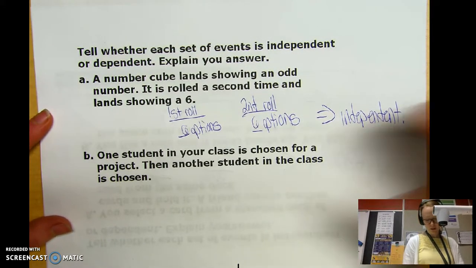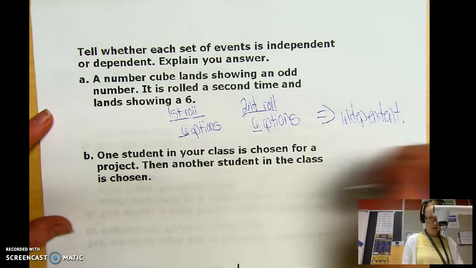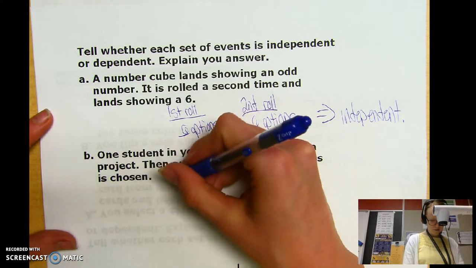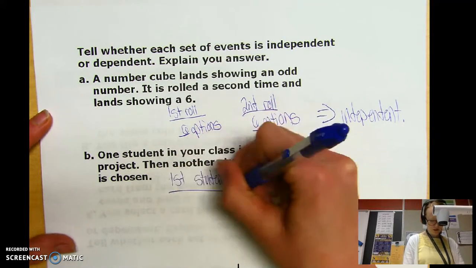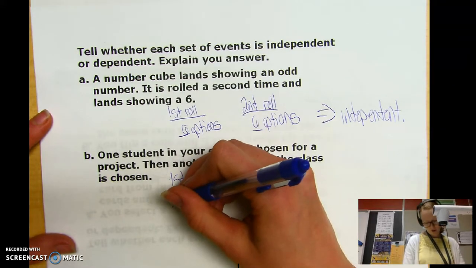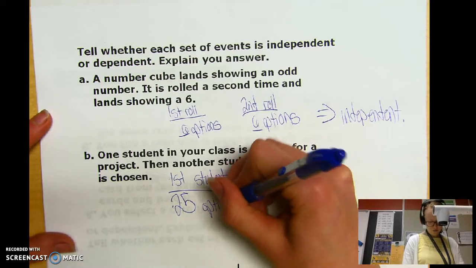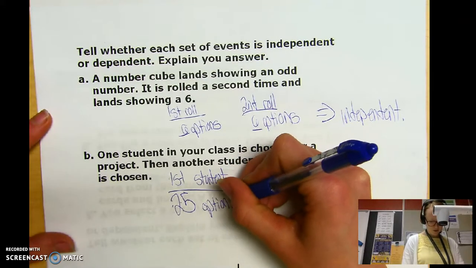This next one, if I choose one student from your class for a project, let's say that there's 25 students in a class. So first student, let's say there's about 25 options. But if I take that first student away, I'm not going to choose that same student twice, right?